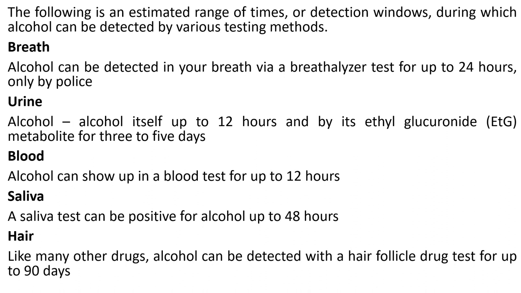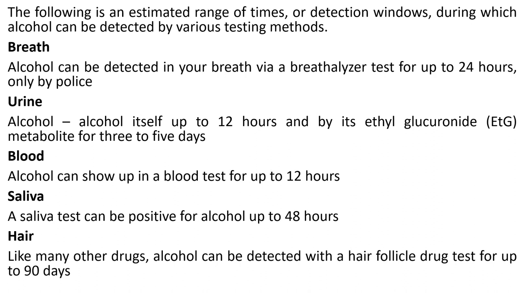When it comes to urine, there are two ways that alcohol can be excreted via urine. The first is unchanged, and the second is through metabolization. With the unchanged method, we can see alcohol itself for up to 12 hours, and when it is metabolized, we can see ethyl glucuronide for up to 3 to 5 days.